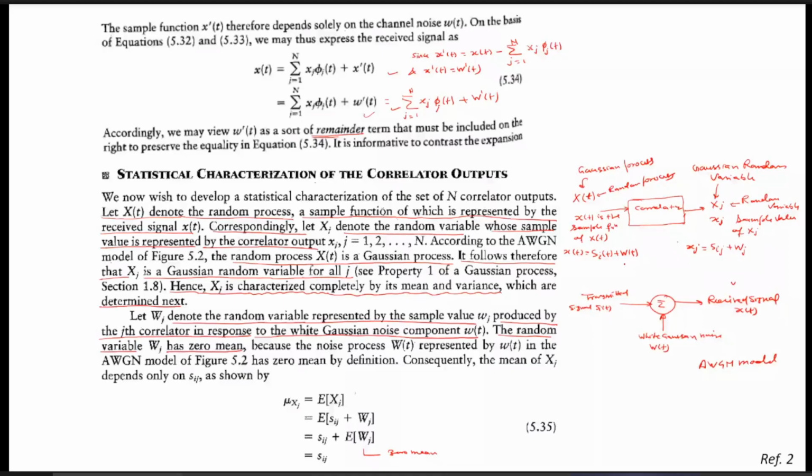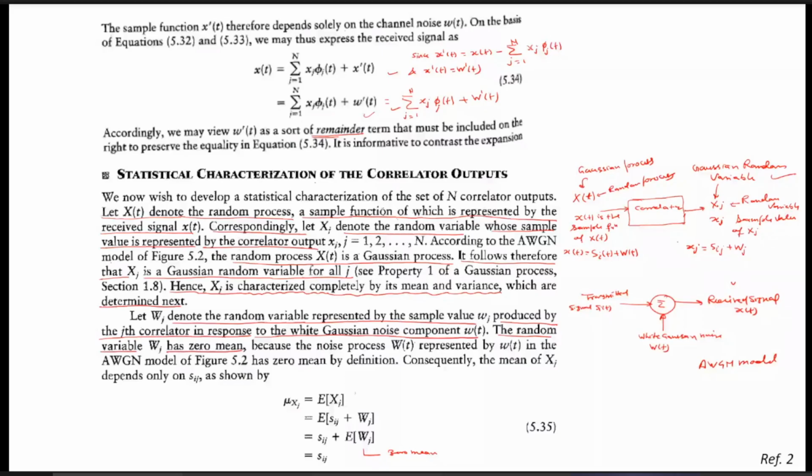The output, given by the random variable x j, will also be a Gaussian random variable, just because of the basic property of Gaussian distribution functions which we already studied in PRP. So the output of the correlator is also Gaussian, and we can completely define x j in terms of its mean and variance.